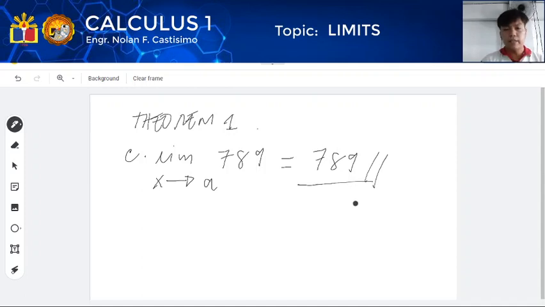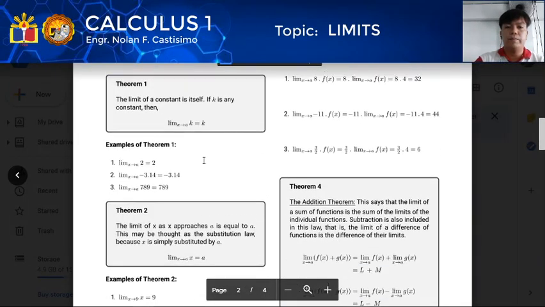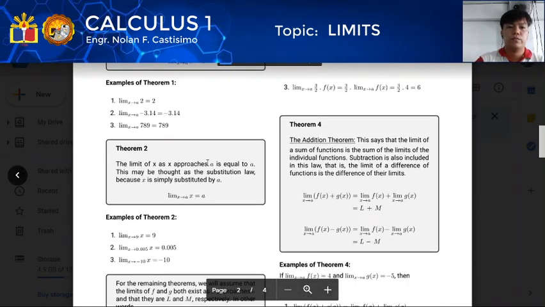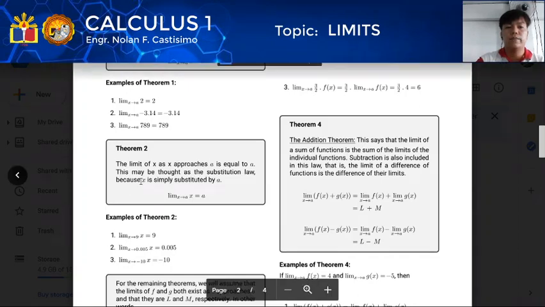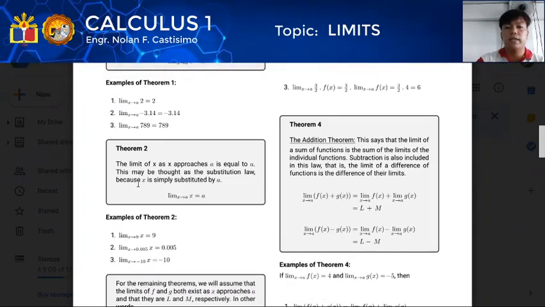Okay? Next, we have Theorem 2. It states here that the limit of x as x approaches A is equal to A. This may be taught as the substitution law because x is simply substituted by A. Ito na yung formula natin.